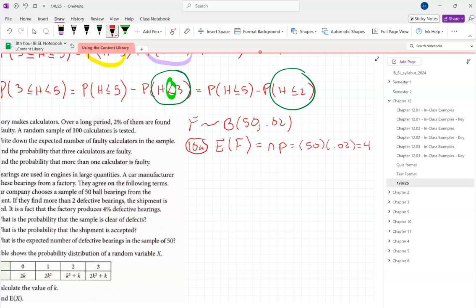So there's 4 calculators. Right? That's right, isn't it? No. 1 calculator? 1, sorry. I went the wrong way. Oh, it says 100 calculators.